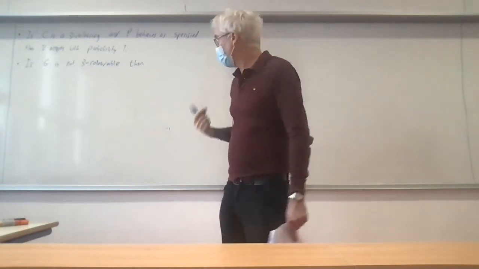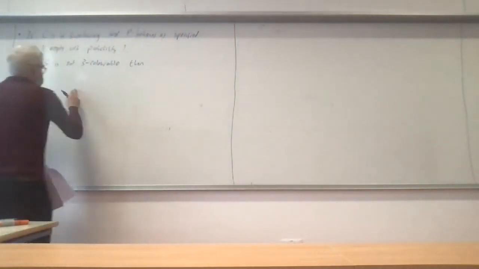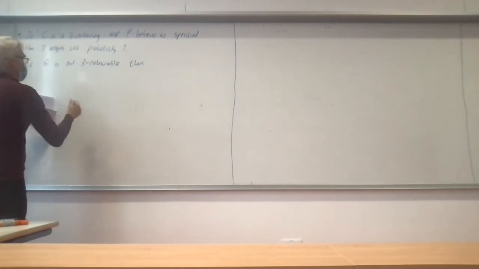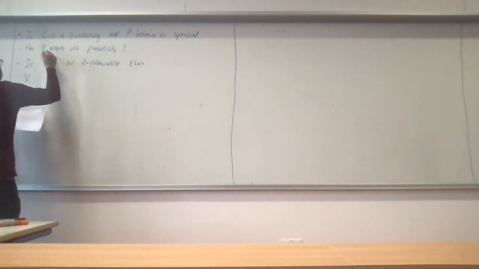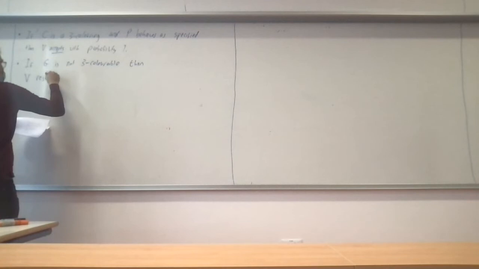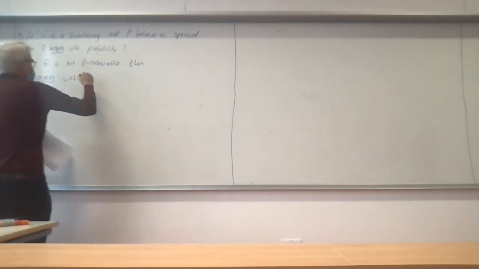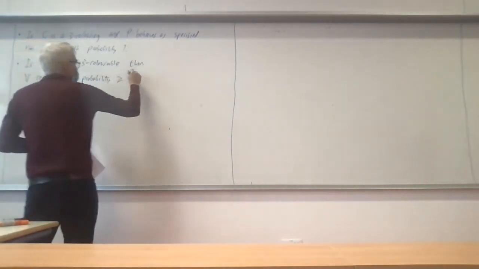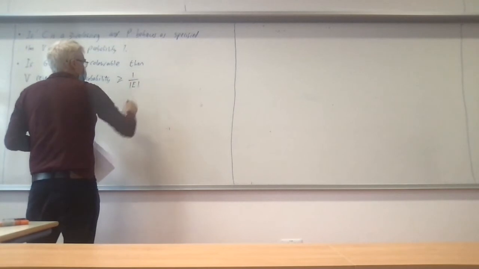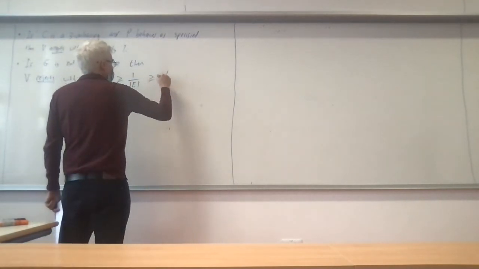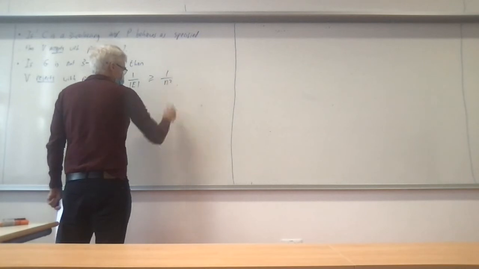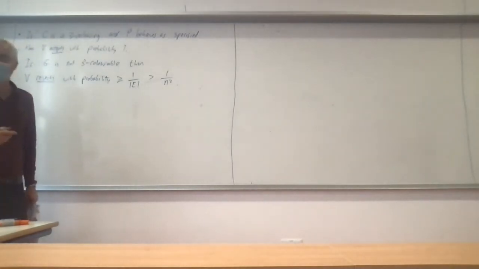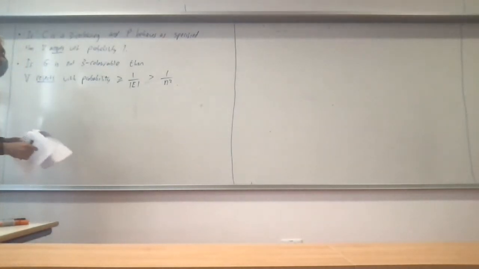So the verifier will reject with probability at least 1 over the number of edges. So then V rejects with probability greater than or equal to 1 over the number of edges, and that's greater than or equal to 1 over x squared, obviously. Well, it's actually greater than 1 over x squared because we're not allowing some edges from a vertex to accept.